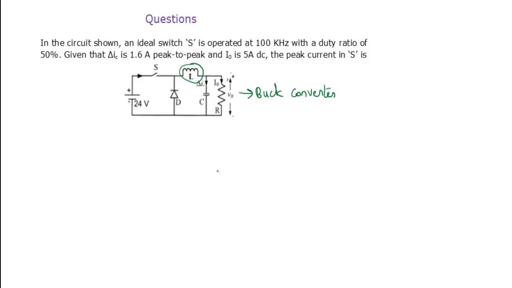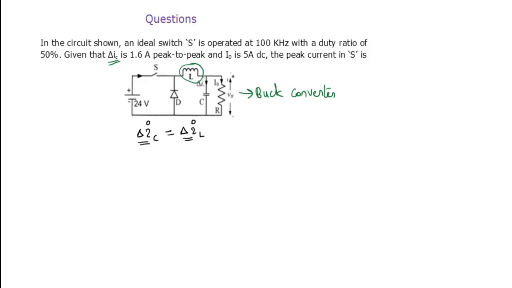Okay, so what is given here? Delta IC is given. Remember, in case of buck converter we already discussed that delta IC is nothing but delta IL. That means peak to peak ripple in the inductor current and peak to peak ripple in the capacitor current are the same.